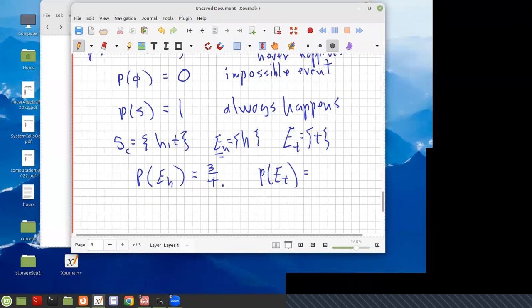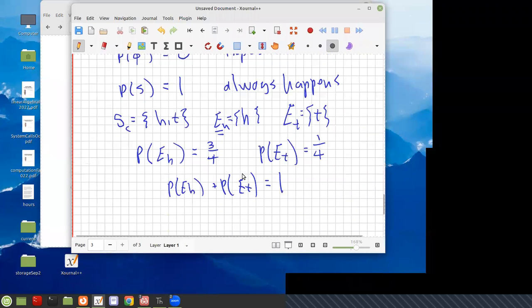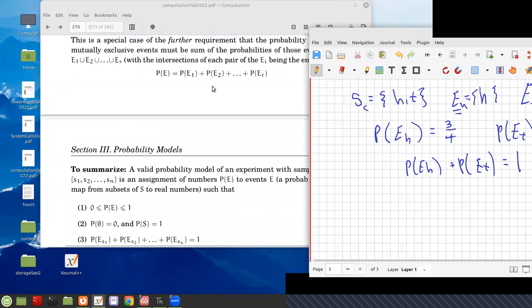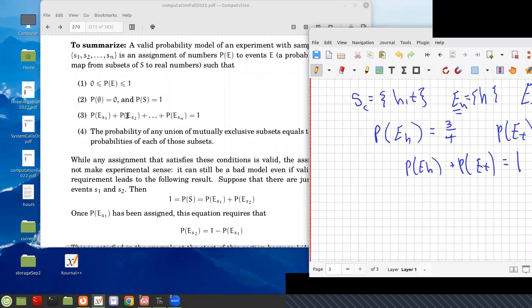So for this case, if the probability of heads was 3/4, we must set the probability of tails to be 1/4, because the probability of heads plus the probability of tails has to equal 1. So 3/4 plus 1/4 is 1. The same thing would happen for dice, in which we would assign fractions between 0 and 1 to different events. Now this sample space only has simple events, and so this is what we have so far.